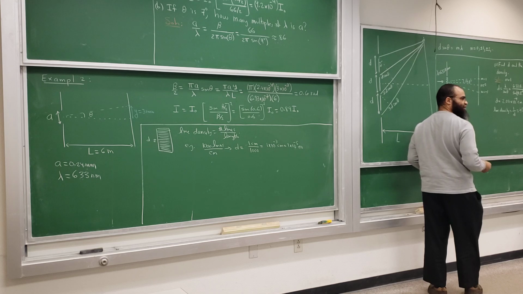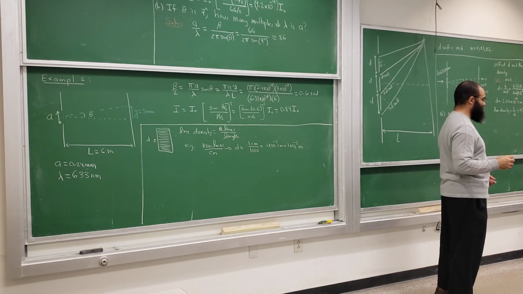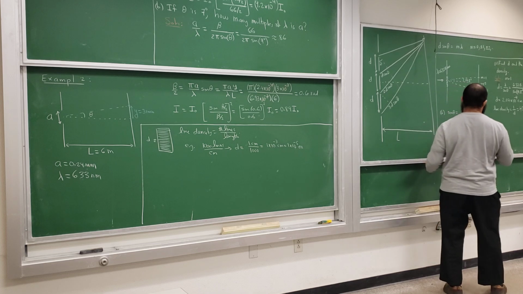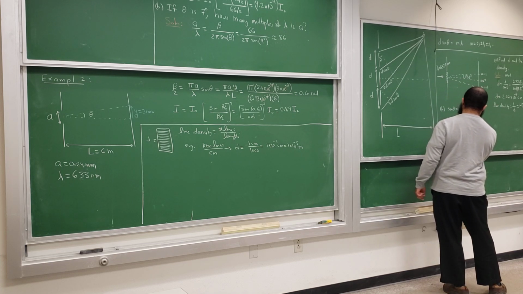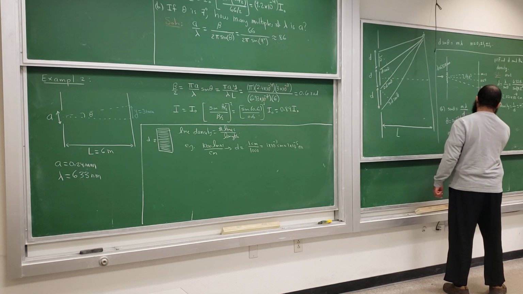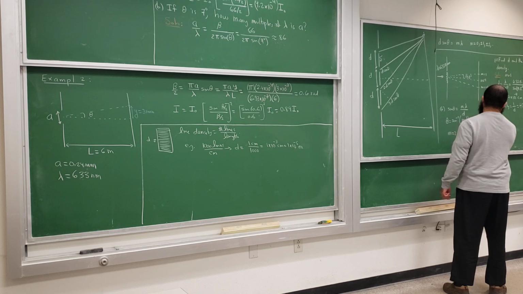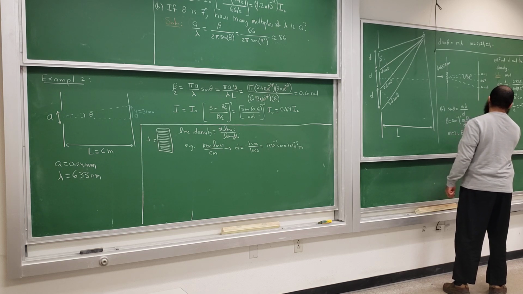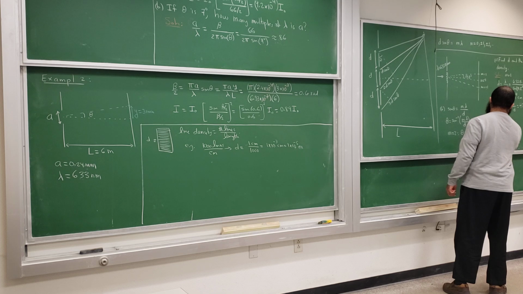Let's test for m equal to 2. If m equal to 2 works, then m equal to minus 2 also works, right? For m equal to 2, theta is equal to sine inverse of 2 times lambda, 632.8 nanometers, over d, 2070 nanometers.